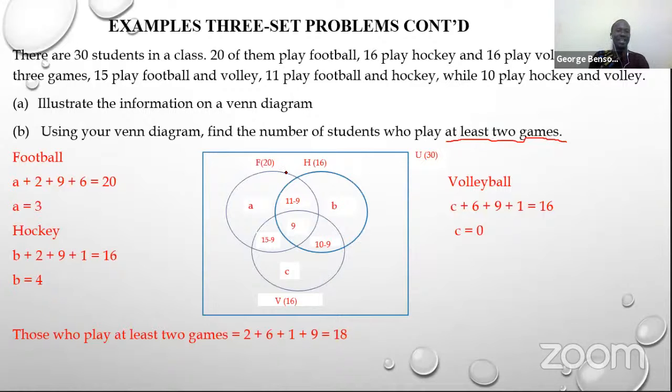A lecturer used to tell us that understanding the question is part of the exam, because when you don't get this clear, you get your answer wrong. Like in the first case, we choose variables to represent the sets: capital F for football, H for hockey, and V for volleyball, with their values in brackets. We are given 9 to play all three, so the 9 sits here. Then 15 play football and volleyball, so I did 15 minus 9, because they didn't say only.